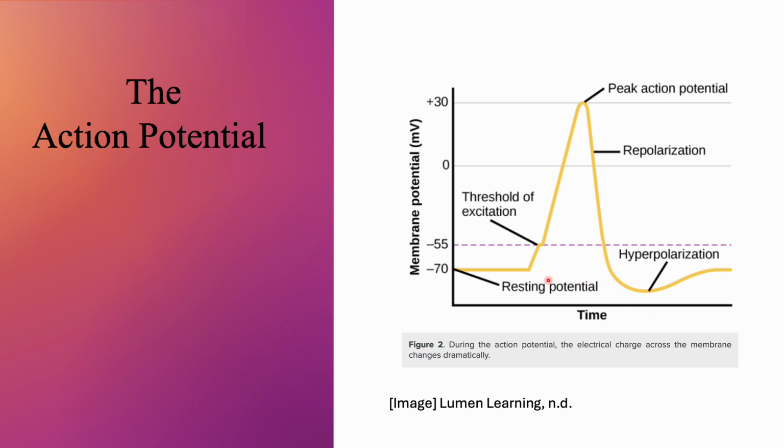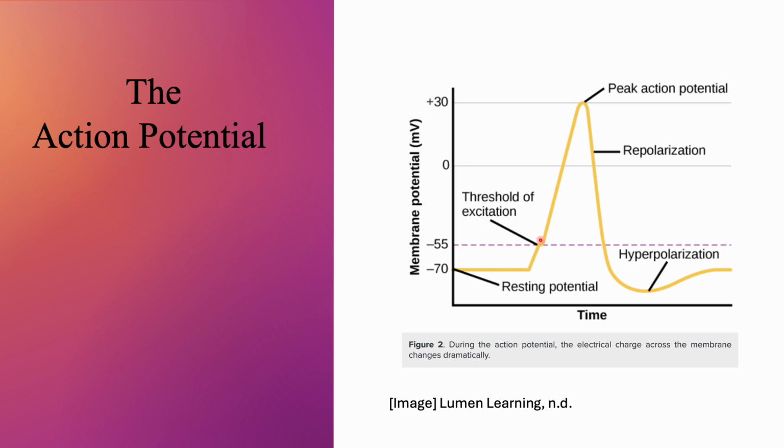At this point, you will see the sodium ions will be propelled into the cell. With this influx of positive ions, the internal charge of the cell becomes more positive. As you see, it's beginning to become more positive. If this charge reaches a certain level, the neuron will become active and an action potential begins.